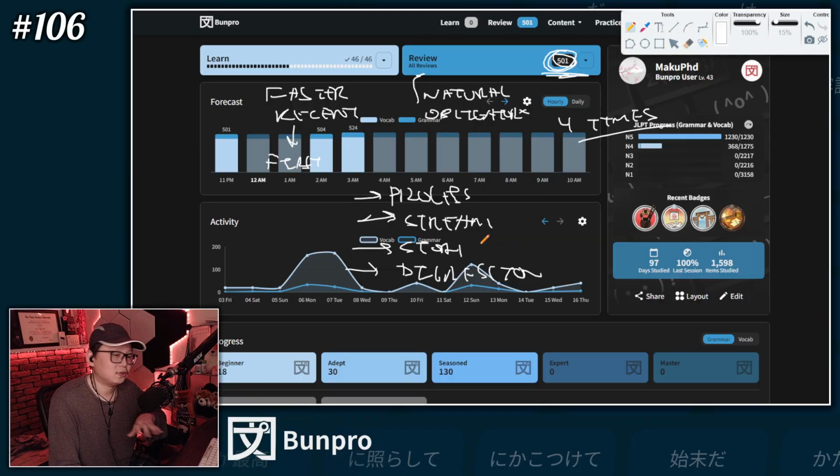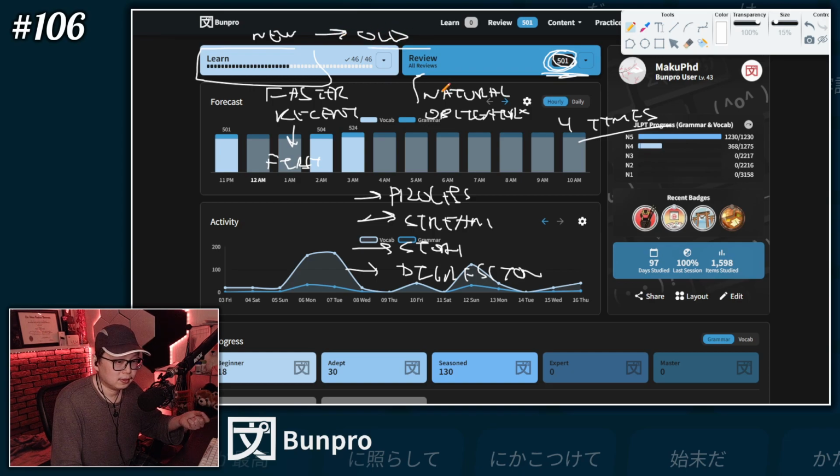That is the strongest part of the habit. Using Bunpro is the new thing, but no matter what I do with Bunpro, I have to do all my old things. So when I do my old things, I get to Bunpro. That's kind of the idea.